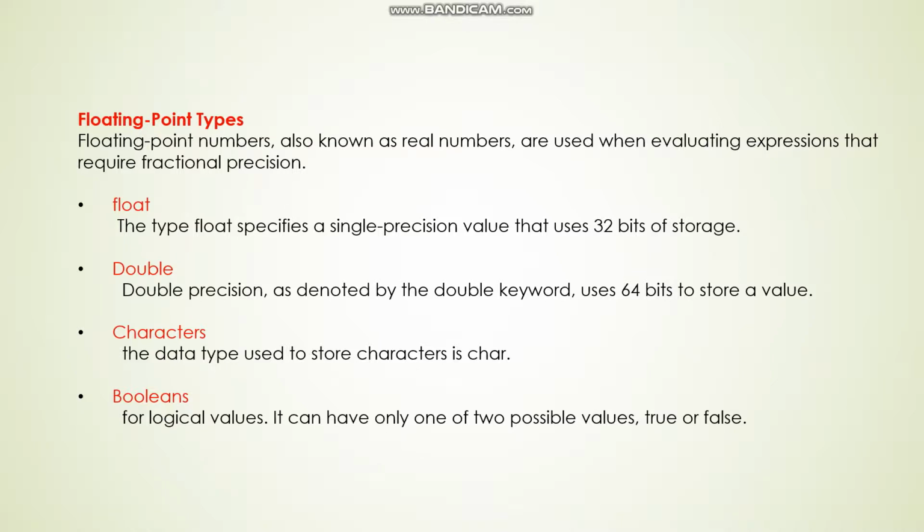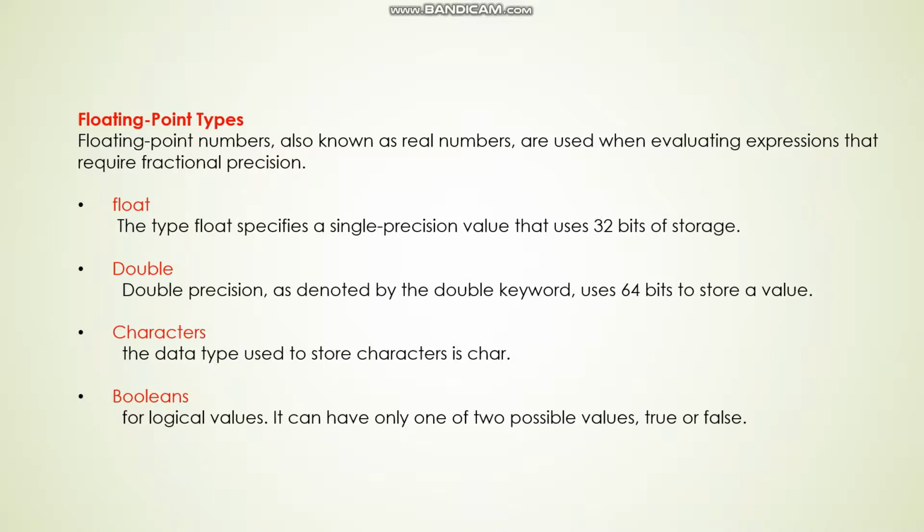In this situation, floating point data types are used. In floating point data types, there are two types: float and double. What is float? The type float specifies a single precision value that uses 32 bits of storage.